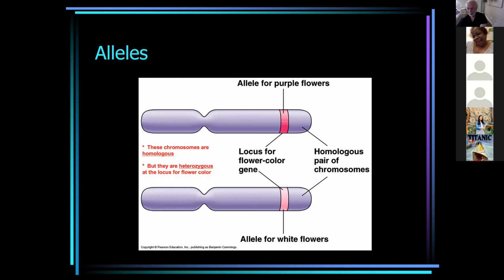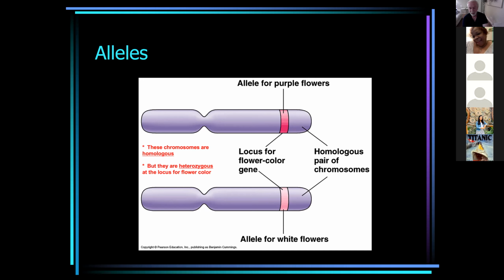I have a quick question. Can alleles be mutated? Yes, it's a good question, because any gene, since it's made of DNA, can be mutated.